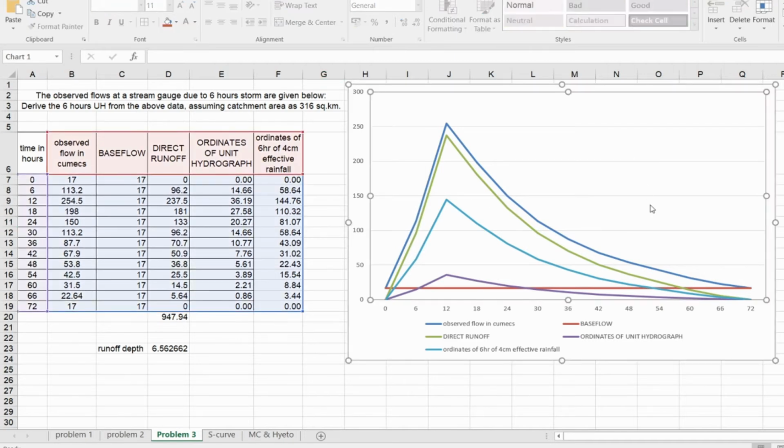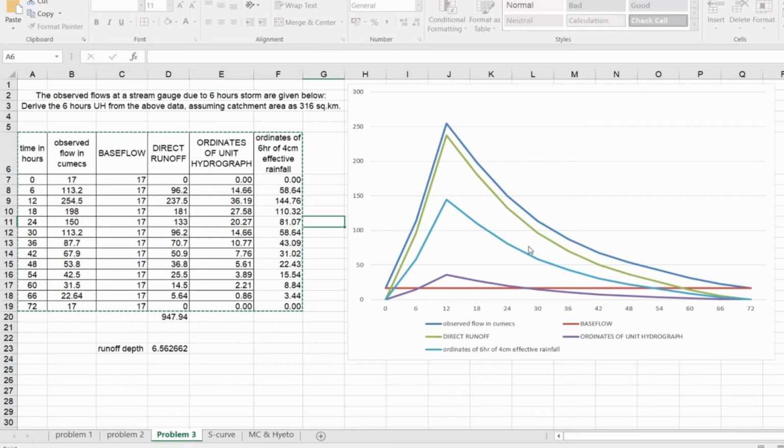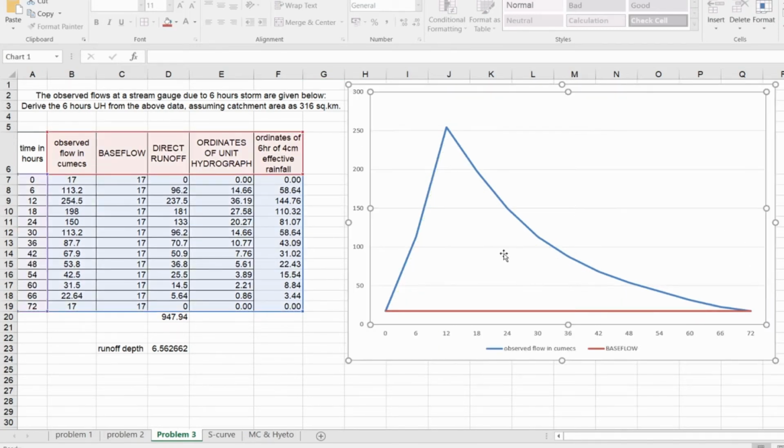Okay, let's say this is your observed flow. We'll see only these. Okay, right? So this is your hydrograph for a given stream, and this is your base flow. See here, 17 meter cube per second is the discharge at time 0 hours, and at time 72 hours we have the value of 17 back.